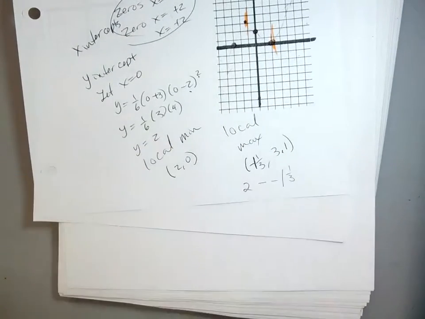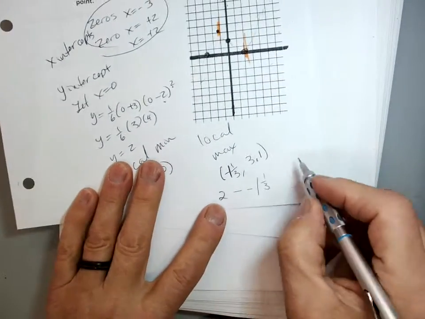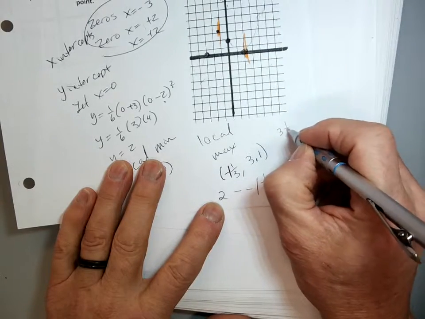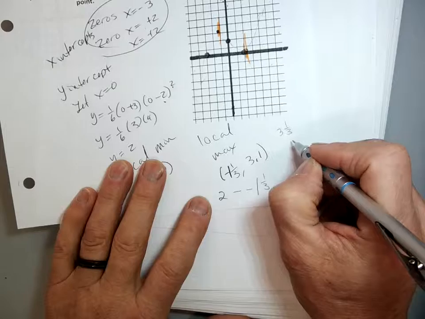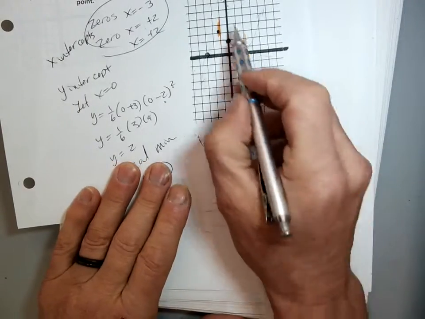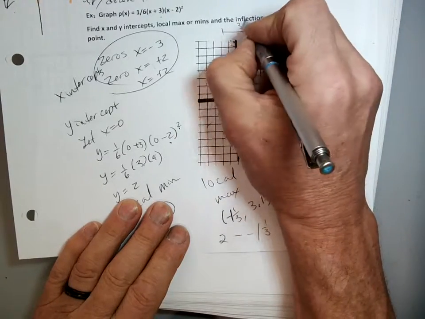I'm trying to find the distance, the length between them. Does that make sense? So what's the length between 2 and minus 1 1/3? It's going to be 3 1/3, right? Okay, so the distance from here to here is 3 1/3.